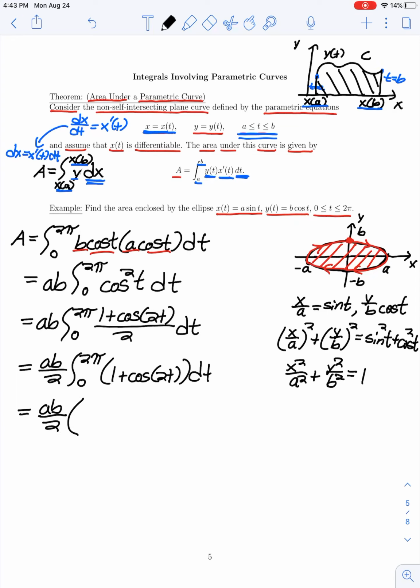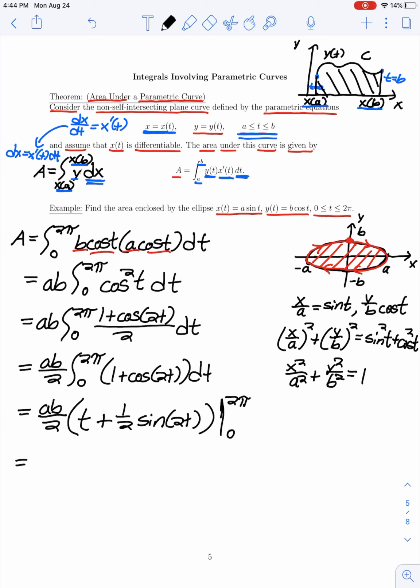We have ab over 2 times the antiderivative of 1 with respect to t, which is t, plus the antiderivative of cosine of 2t, which is 1/2 sine of 2t. That factor of 1/2 is actually coming from a u substitution there. And the fundamental theorem of calculus says once we find that antiderivative, we evaluate it from 0 to 2 pi.